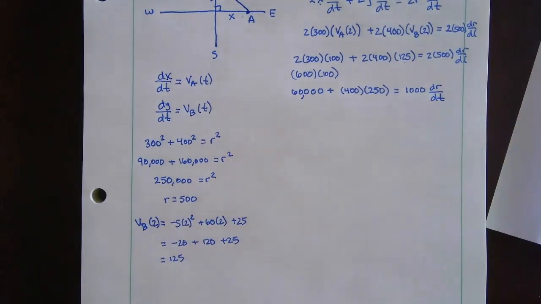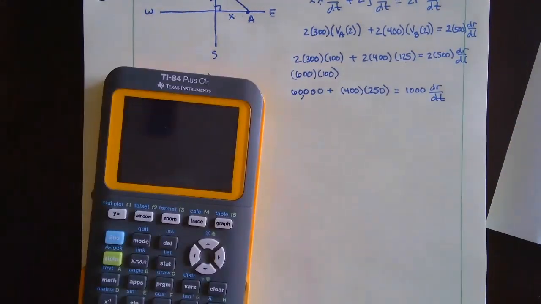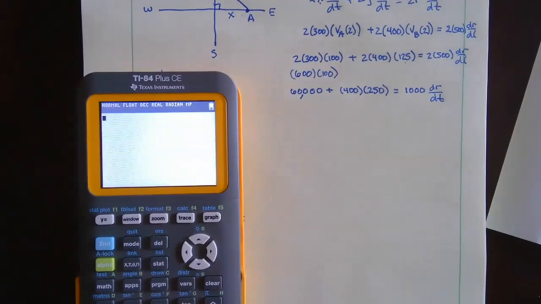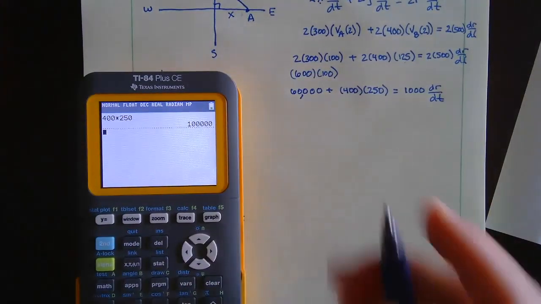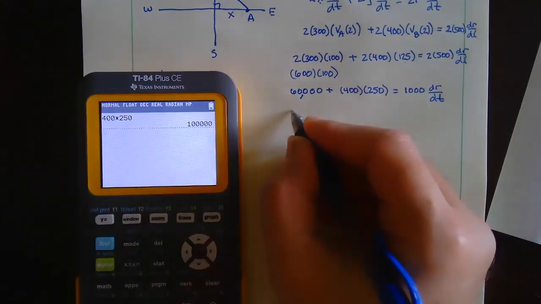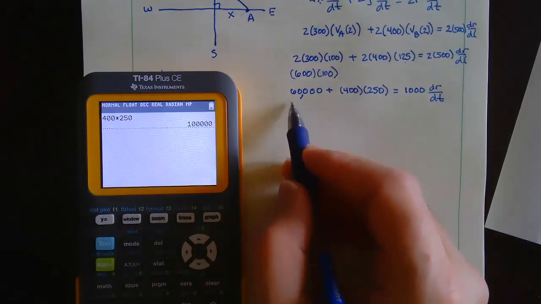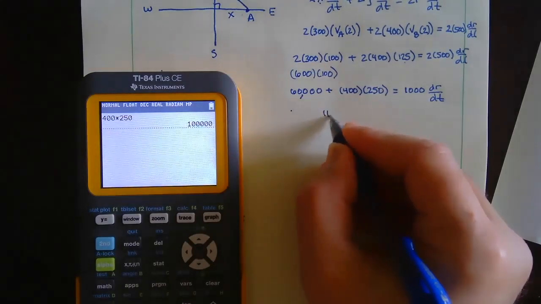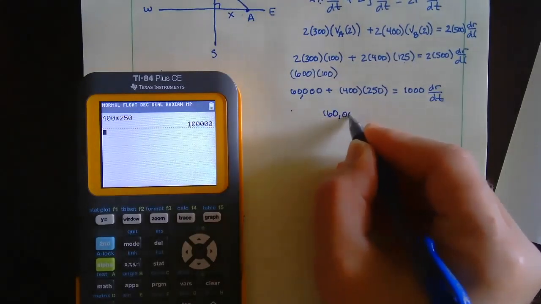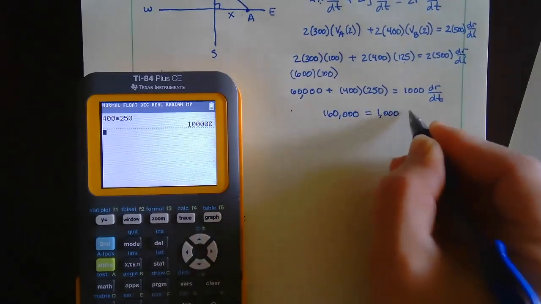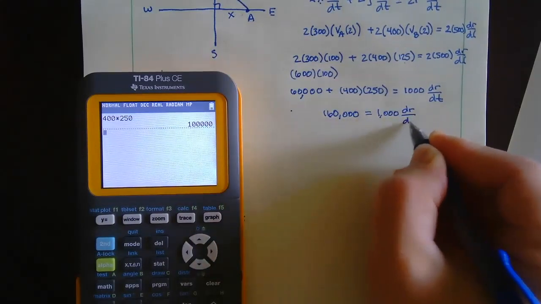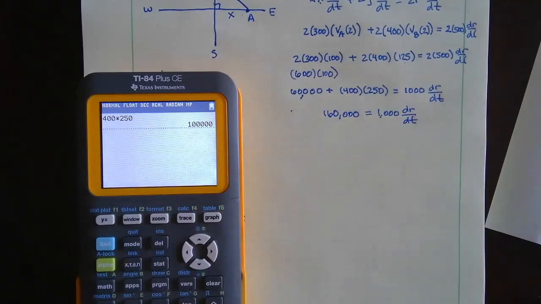Okay, so I'm going to grab my calculator. Why struggle with it, right? Okay, so this would be 400 times 250. So that'd be 100,000. So 100,000 plus 60,000 would be 160,000, which is equal to 1,000 dr over dt. Okay, let me just check my math here really quick.